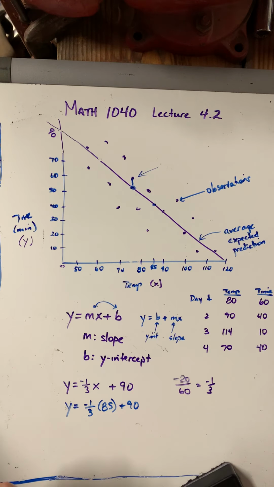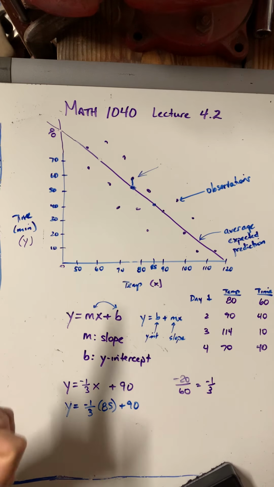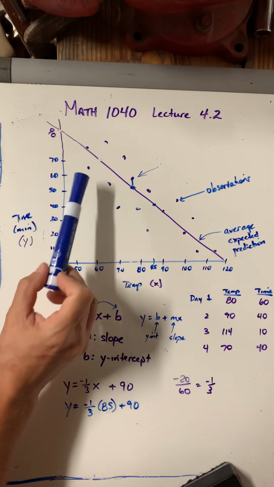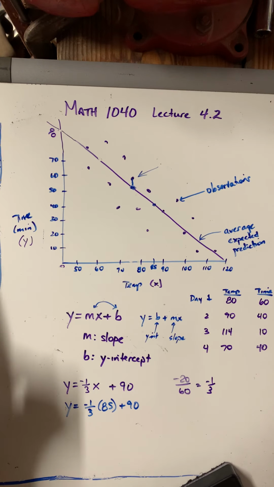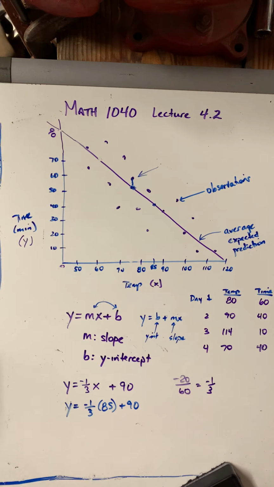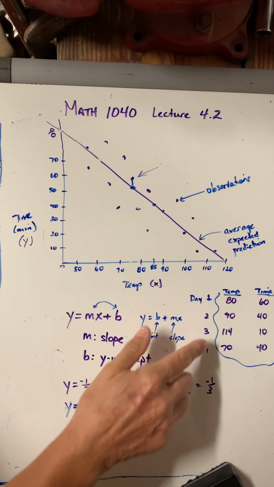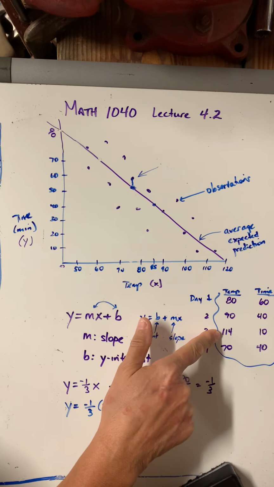So when we use the line, we're only allowed to use it to make predictions within the scope of the original set of data that was given us. So in other words, the 0 for x is out of the scope because I did not have any observations that went down as low as 0. In my situation, my lowest temperature was 70 and my highest was 114.